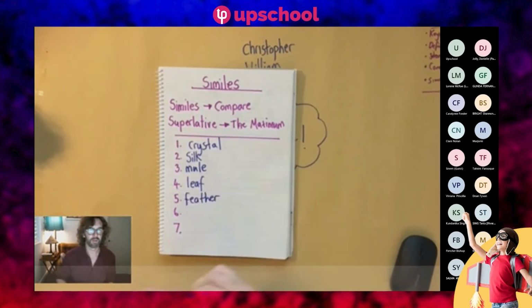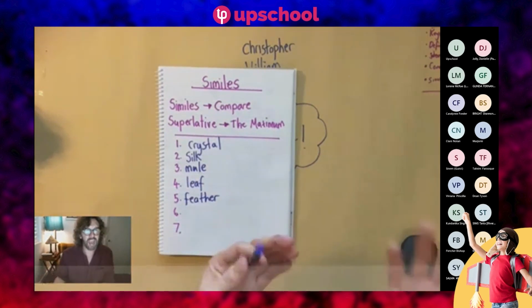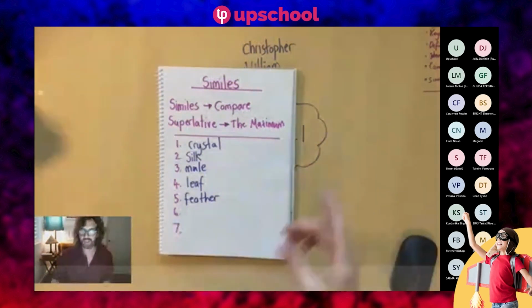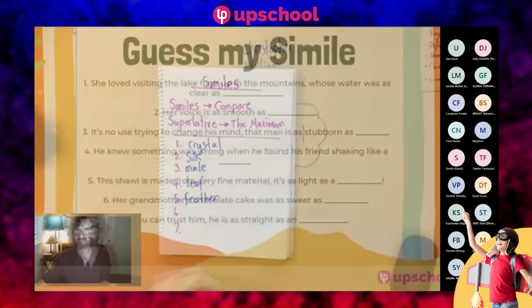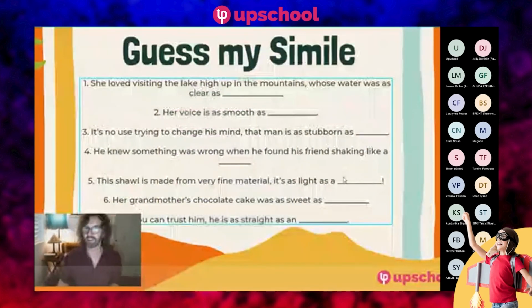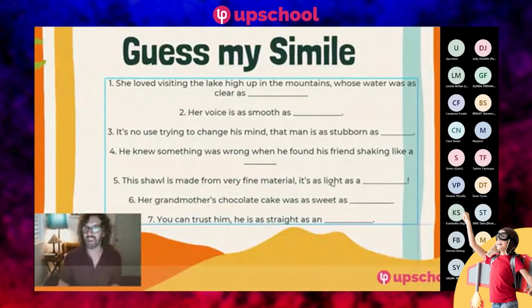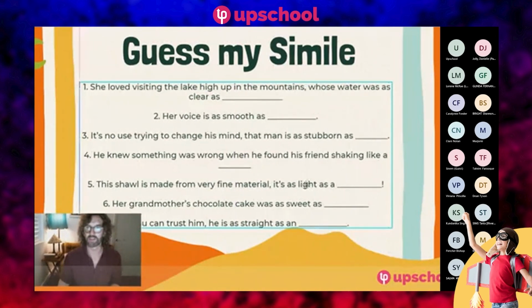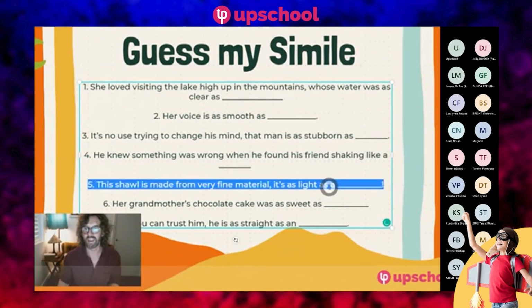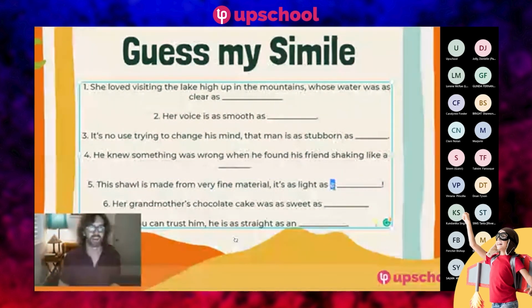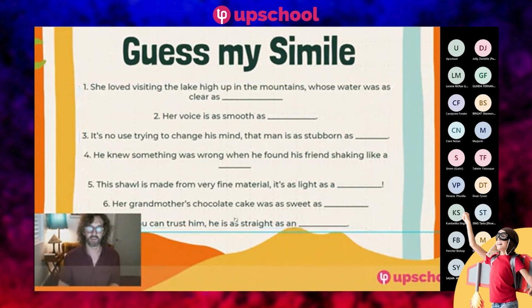Now, some people are saying it's as light as air. Air is lighter than a feather. Yes, but you can see that it says here in the description, as light as a. So you can see that it's definitely not air, because it has an A right there in the text. That A gives you the clue that it's not air. Okay, let's continue.